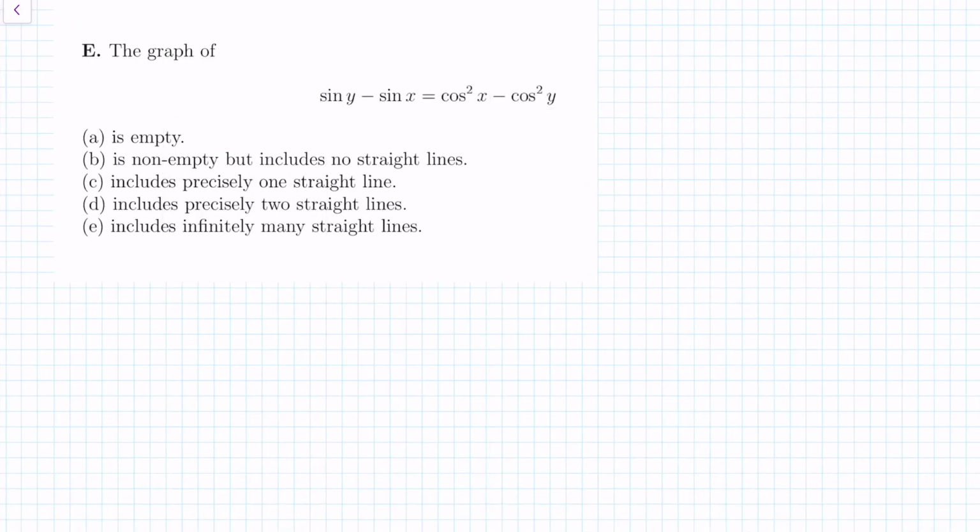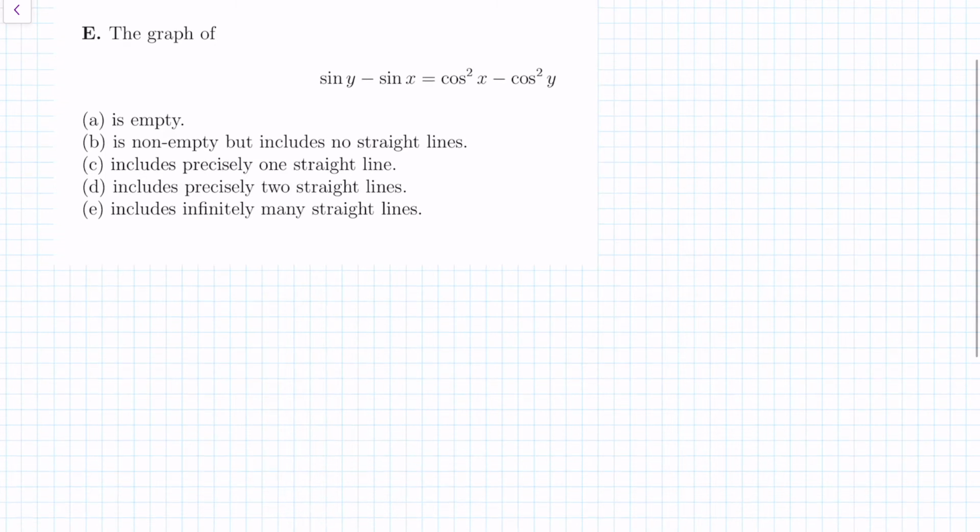Yes. So there are several methods of solving this, and one that comes to my mind and seems quite immediate is we write sine y minus sine x is equal to 1 minus sine squared x minus 1 minus sine squared y.